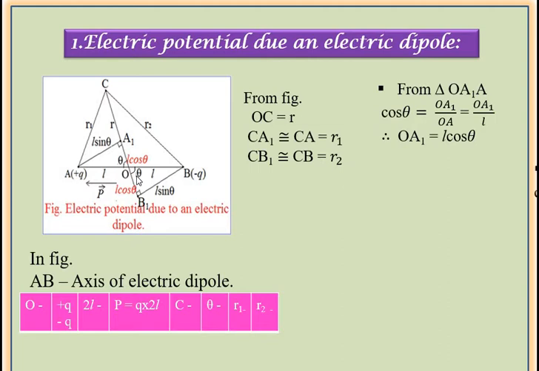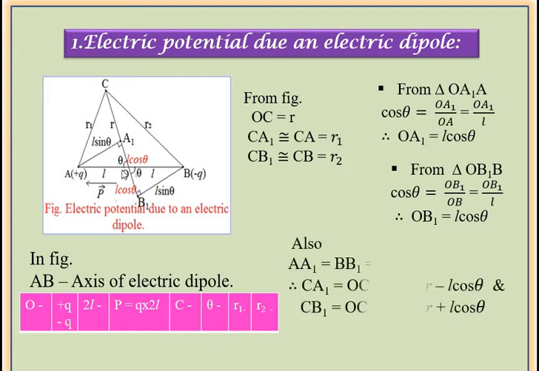And from the second triangle OB1B, cos theta is equal to OB1 divided by OB, which is OB1 divided by L. Therefore, OB1 is equal to L cos theta. Also from figure, AA1 is equal to BB1 equal to L sin theta.